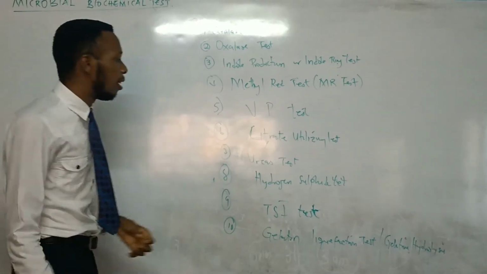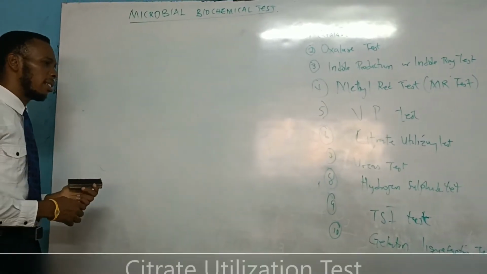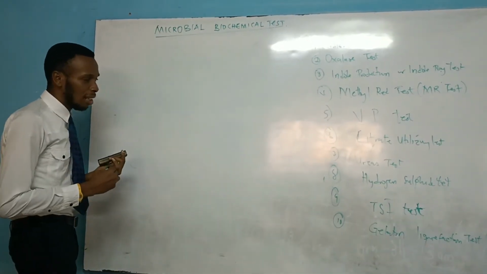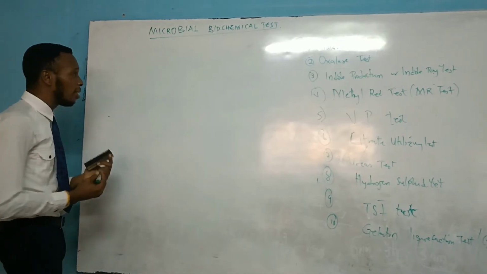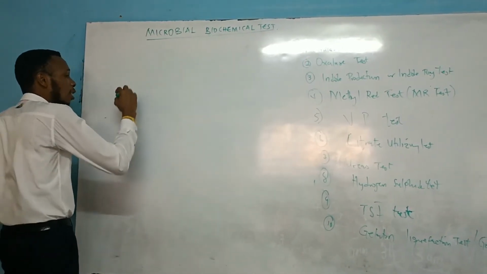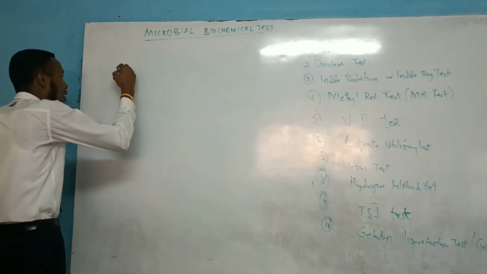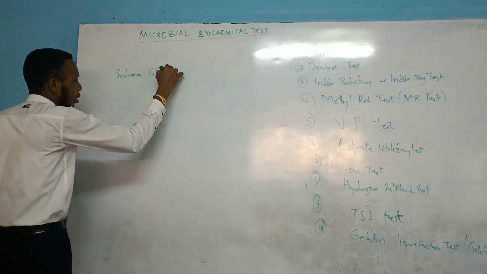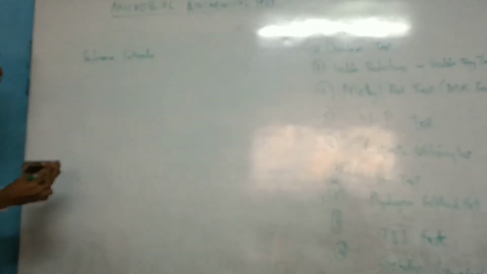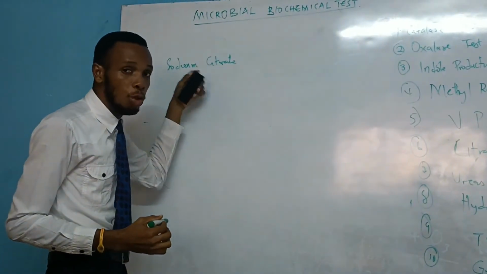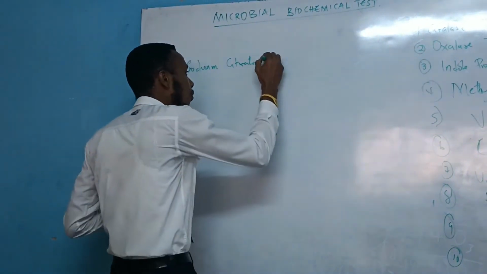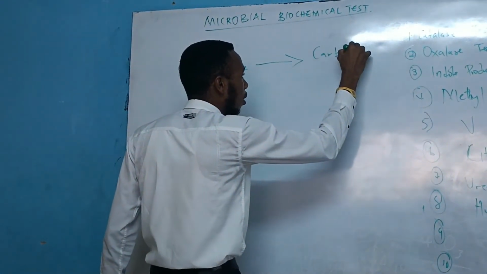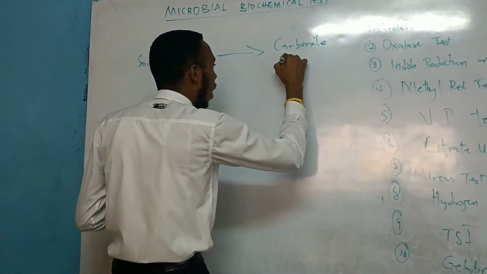Now, in the citrate utilization test, there are certain organisms that have the ability to utilize citrate. This simply means that in the presence of sodium citrate, the microorganism utilizes the sodium citrate, which is neutral, to produce carbonate or bicarbonate.